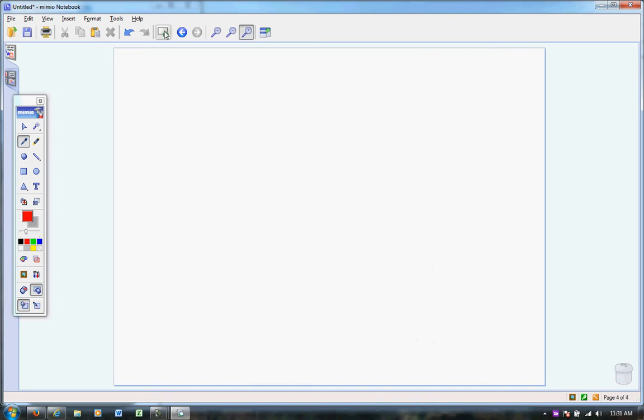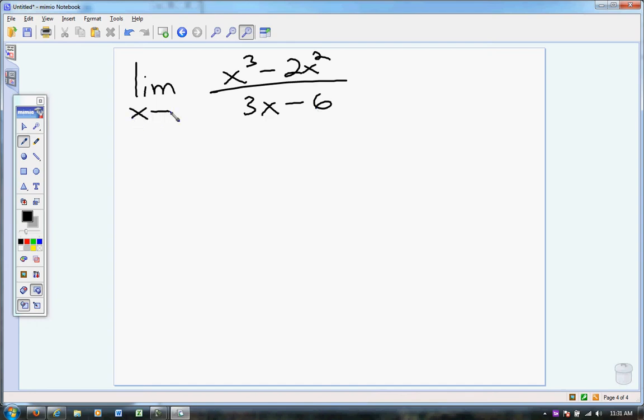We could make this statement. We could say the limit, and by the way, we put LIM for limit, of x cubed minus 2x squared over 3x minus 6, the function we were working with, as x approaches 2, is approximately 1.33.